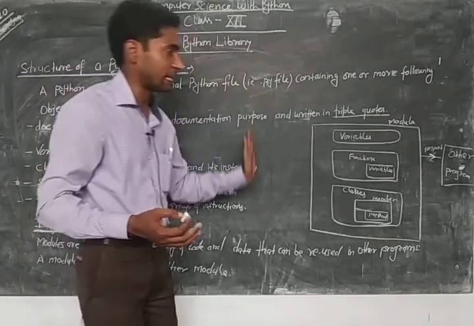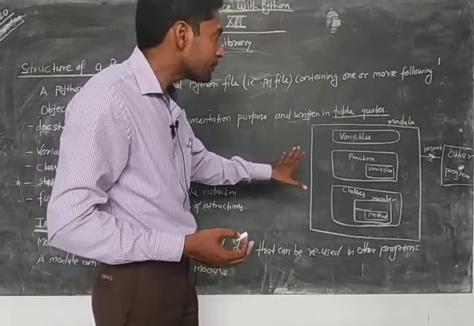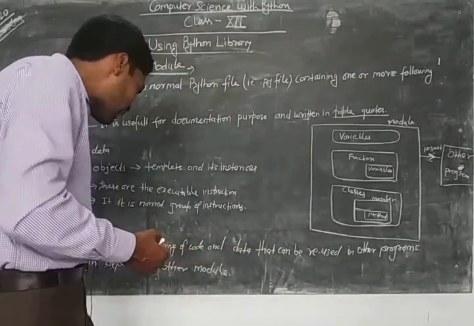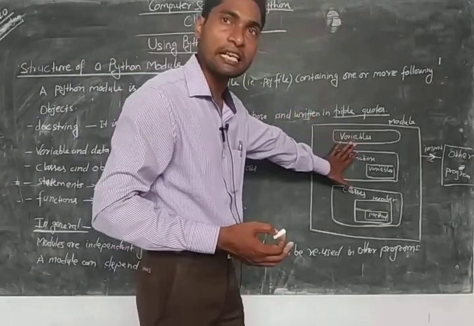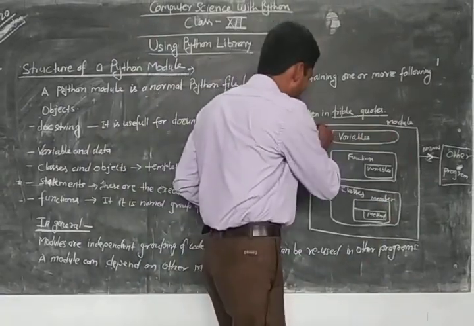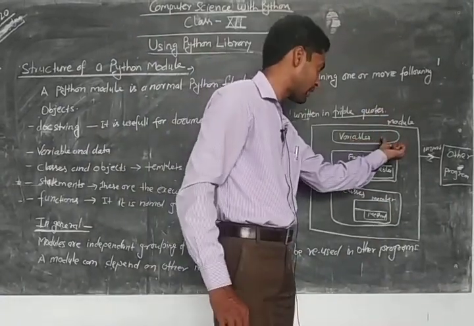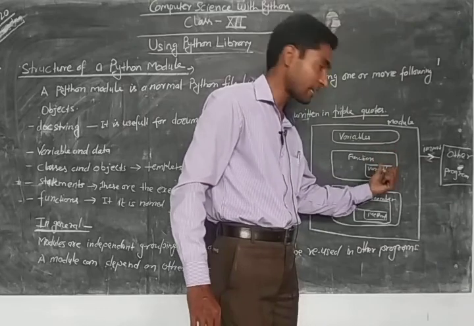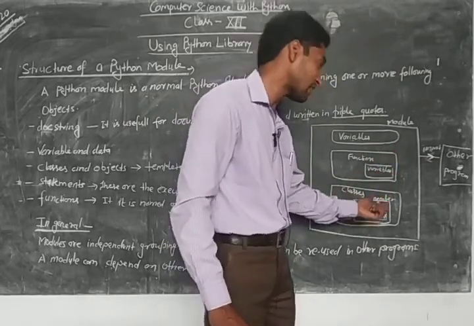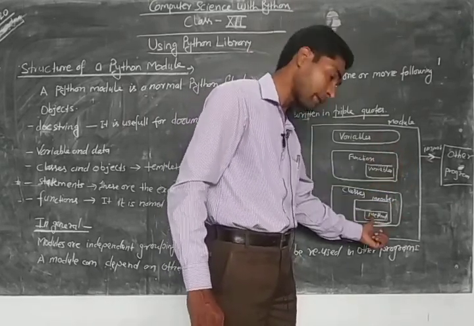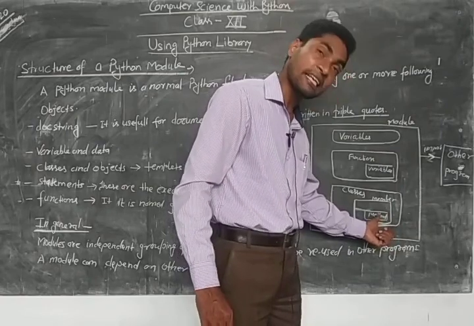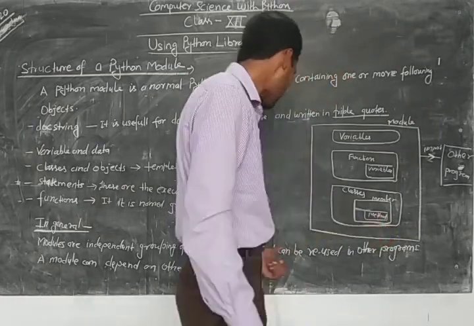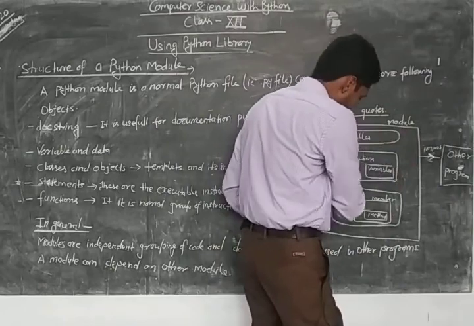Now let us see a diagram. I tried to explain these theoretical points with the help of this diagram, and this is a module. This module contains variables, a function that again contains variables, and a class that has its members, and a class can also contain methods. All right, and this is a complete module.